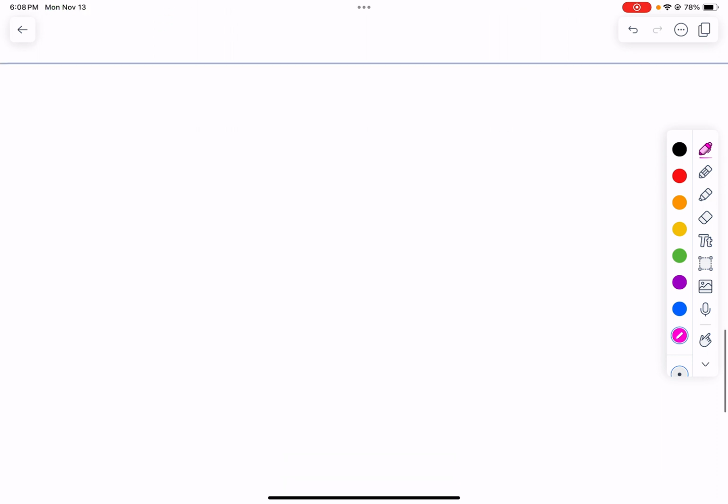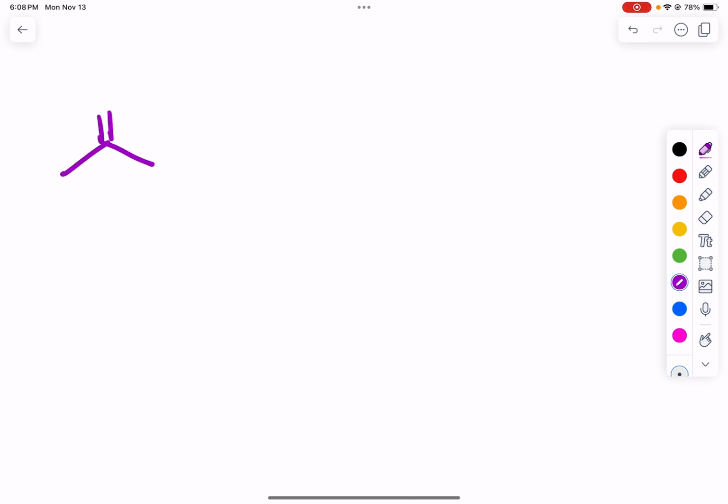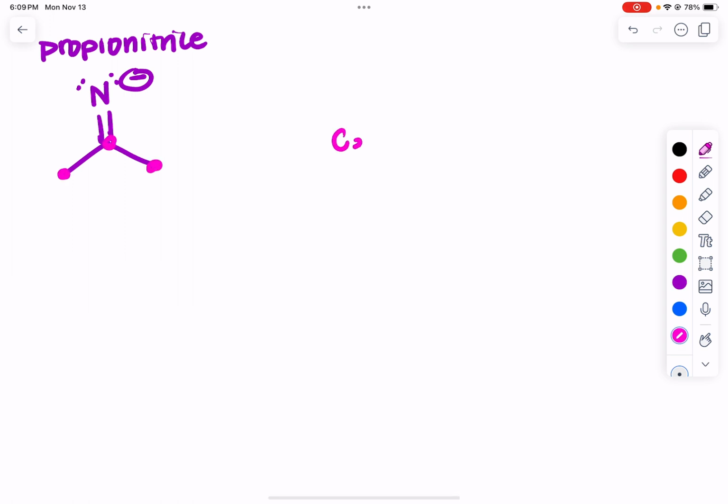And we can come back to this idea, but I would love for you all to try something like this, where there's an actual formal charge in here, and this is called propionitrile. Here we have 1, 2, 3 carbons, so C3.